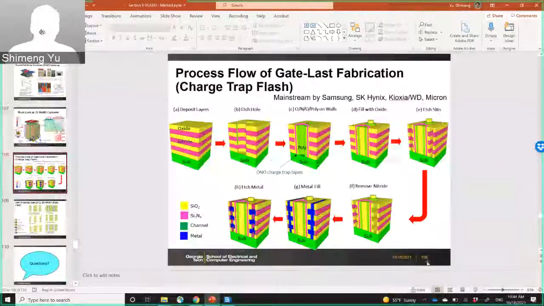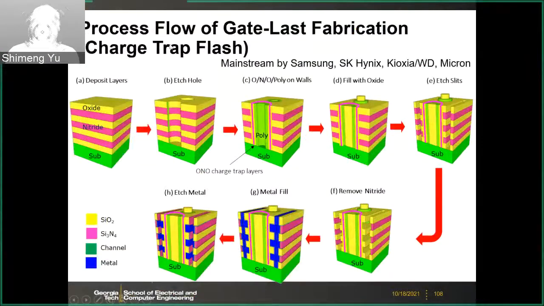Let me finish this quickly. This is the process flow for the gate fabrication for the charge trap transistor. What you will do in the fabrication is to deposit multiple tiers of oxide and nitride, like a sandwiched structure first, and then you etch the hole with one critical lithography step.